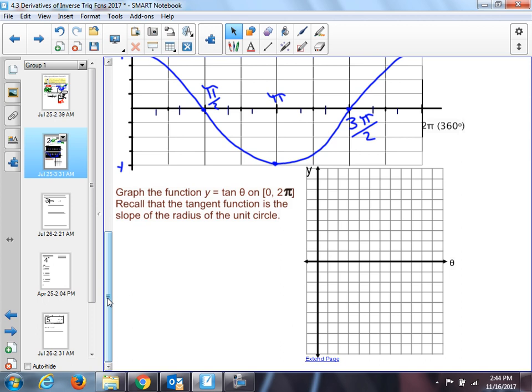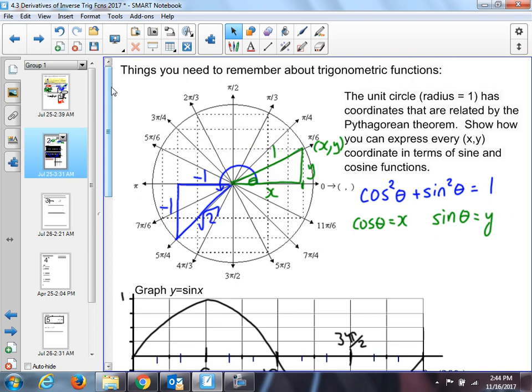Okay. So, what is the tangent of 0? Sine of 0 is 0. Yes, it is. Sine over cos, you could think of. Another way is thinking, on the unit circle, it is the slope of the line. It's 0 there. What is the slope at 90 degrees? Non-existent. Okay.